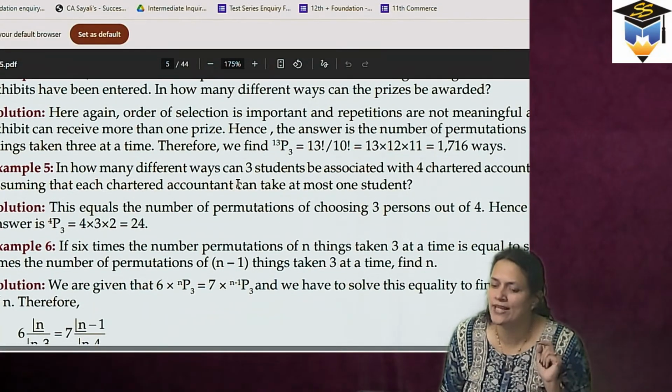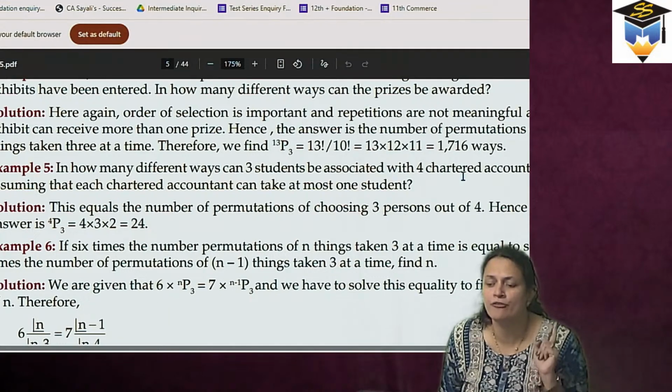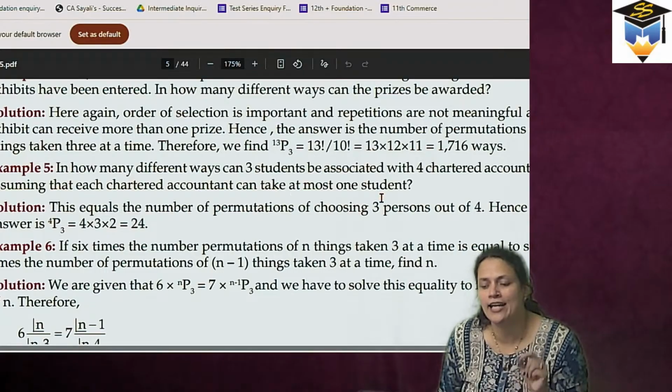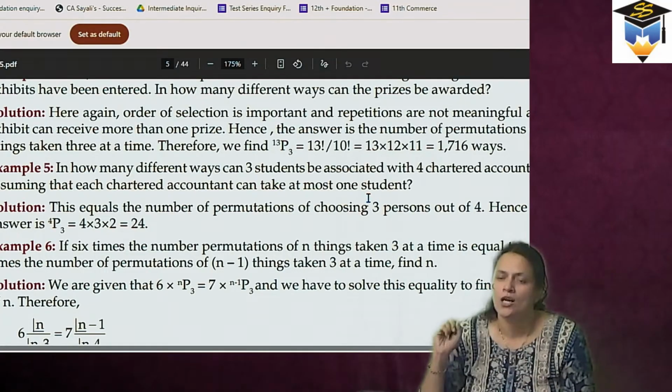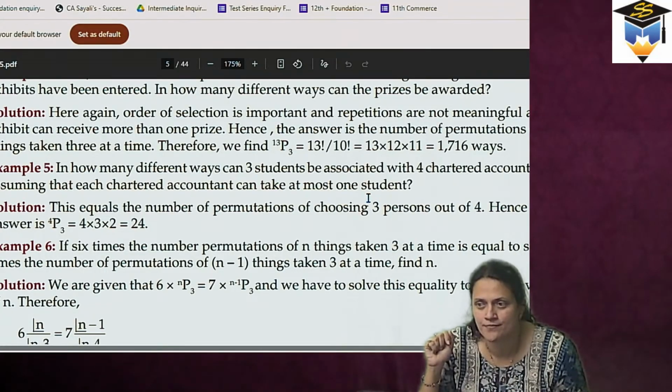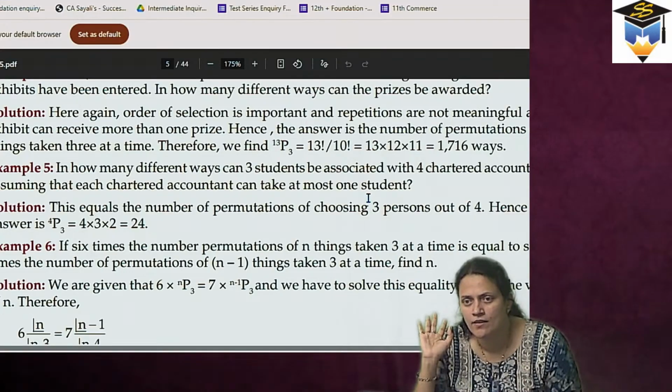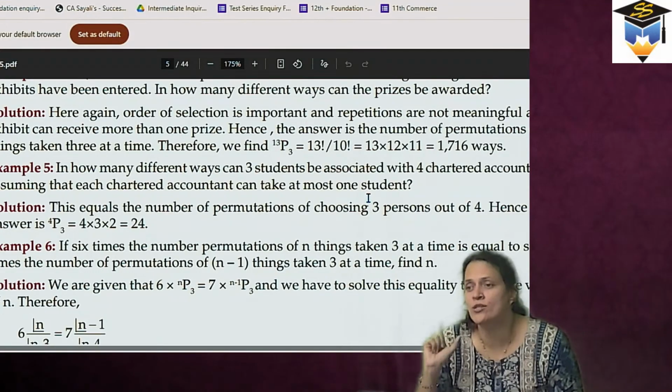In how many different ways can 3 students be associated with 4 chartered accountants, assuming that each chartered accountant can take at most 1 student? What is the meaning of at most 1 student?